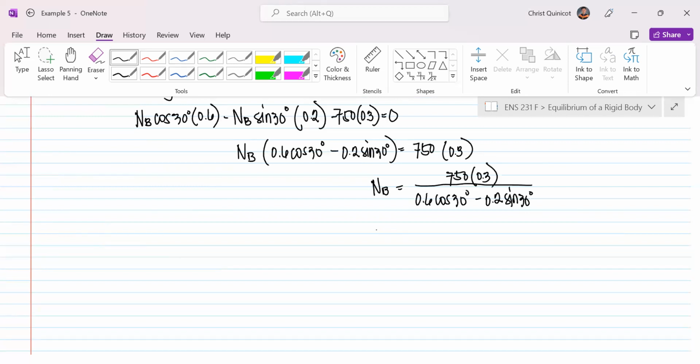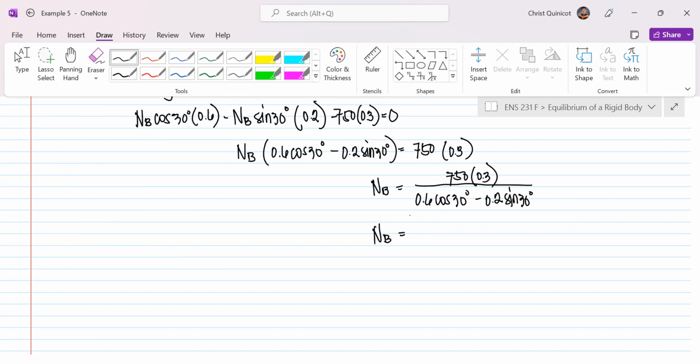So N sub B is equal to, we have 0.6 times cosine 30 is 0.519615242, minus 0.2 sine 30 is 0.419615242.